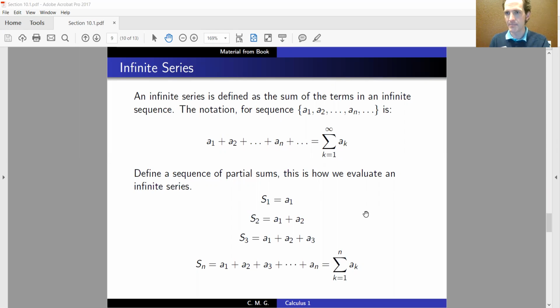Let me say that one more time. I take the limit of the sequence of partial sums, that is S_1, S_2, S_3, S_4. So as n goes to infinity, where does that go? The limit of that sequence of sums is the total value of the infinite sum. So the infinite sum will have value determined by the limit of the partial sums.